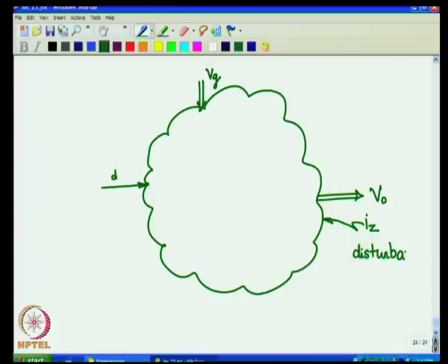Because this is not a controlled input, the load is not under your control, it is an external disturbance.